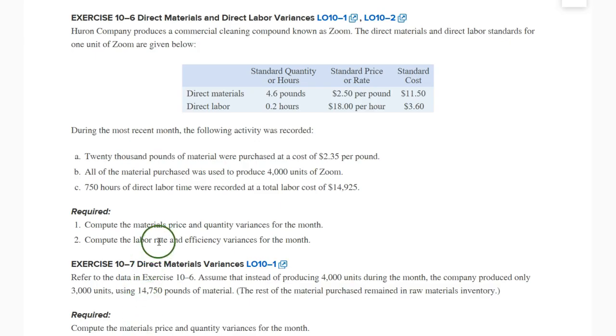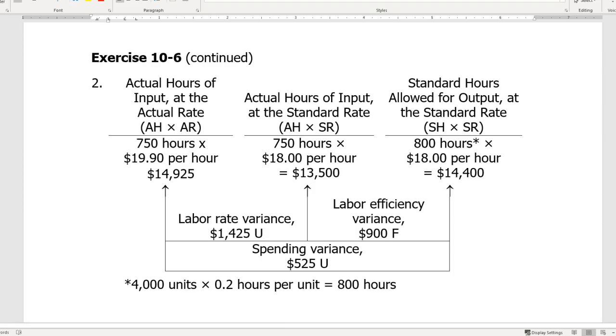Let's look at the information for the efficiency variance. Here we need to find how many hours should we have used based on our actual production. The standard calls for 0.2 hours per unit. We produced 4,000 units. So you take 0.2 hours per unit times 4,000 units, and you'll see that that is 800 hours.